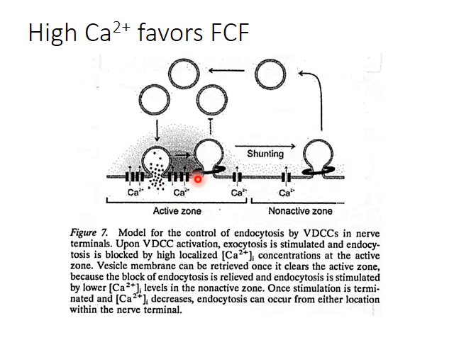So a high calcium inhibiting endocytosis would favor the movement of those vesicles laterally and fusion with the plasma membrane, so that endocytosis, as perhaps a clathrin-mediated event, or possibly still even a kiss and run type event, might happen in a non-active zone lateral to the central part of the active zone. The high calcium prevents endocytosis in one place, but laterally, where we know the calcium concentration goes down, endocytosis would be favored.